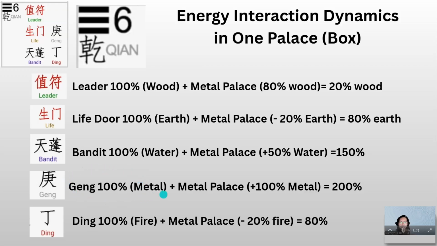Geng we know is metal, and being metal, sitting inside a metal palace, its energy will become 200%. So it is being multiplied. Now we look at Ting, which is originally 100% and is fire.